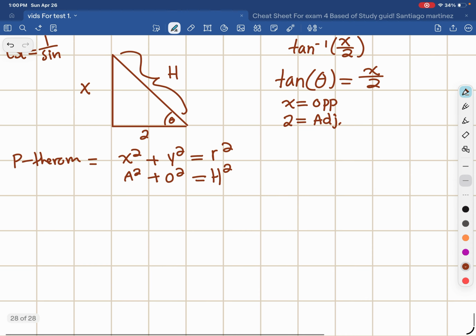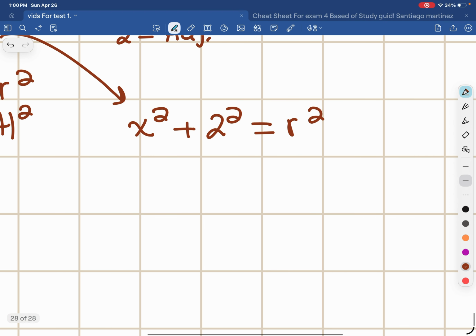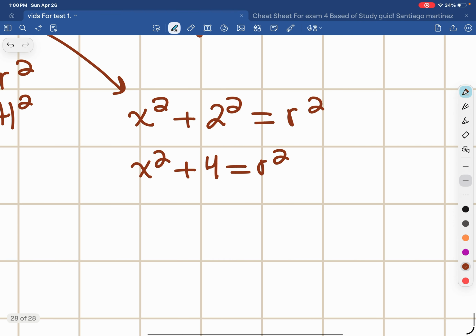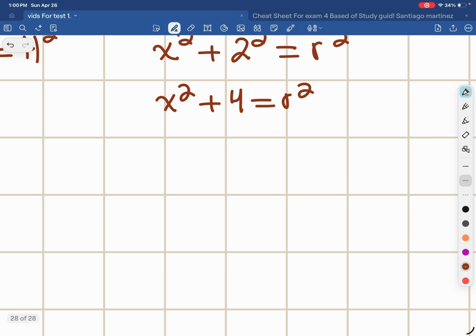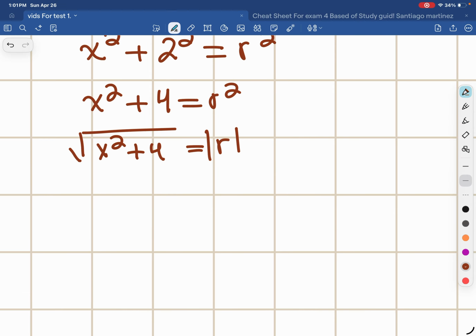Let's fill in our numbers: x squared plus 2 squared equals r squared. We are solving for r squared, so this is pretty simple. We have x squared plus 4 equals r squared. What do we do in this situation? We take the root of both sides, so the square root of x squared plus 4 equals the absolute value of r.